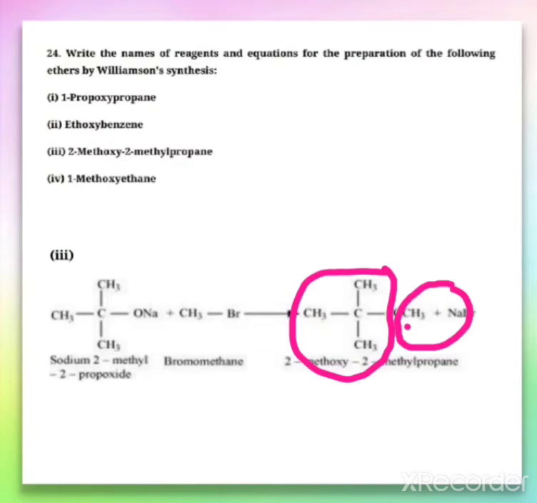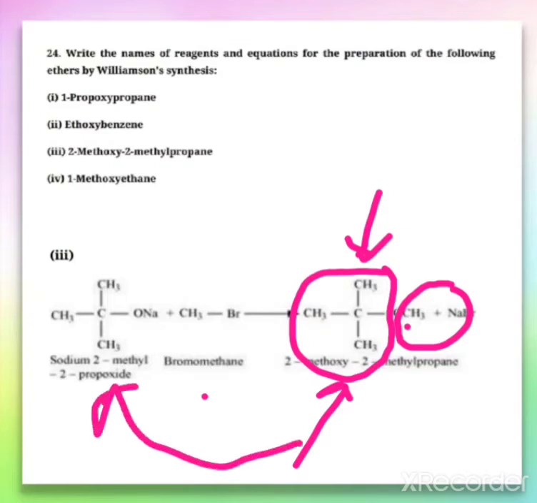Now we have to identify which group will form the sodium alkoxide and which one will form the halide. As we have discussed, tertiary halides do not undergo substitution. Instead, they undergo elimination. So definitely the tertiary part will not be the halide. This part will be the alkoxide.